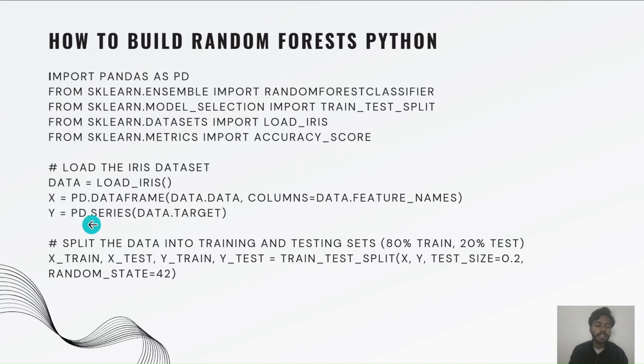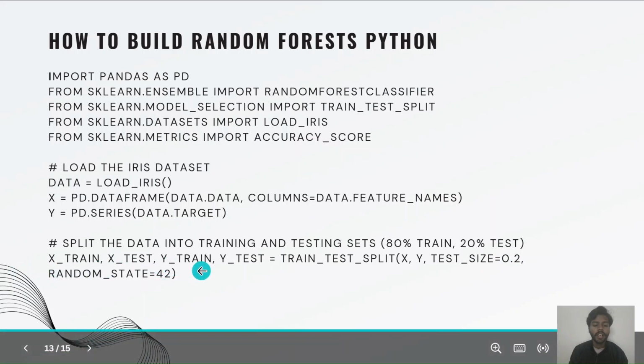Then y is assigned as pd.Series data.target. Now split the data into training and testing sets, 80% train and 20% test. So X_train, X_test and y_train, y_test is assigned train_test_split where X, y, test size is 0.2, random state is 42.